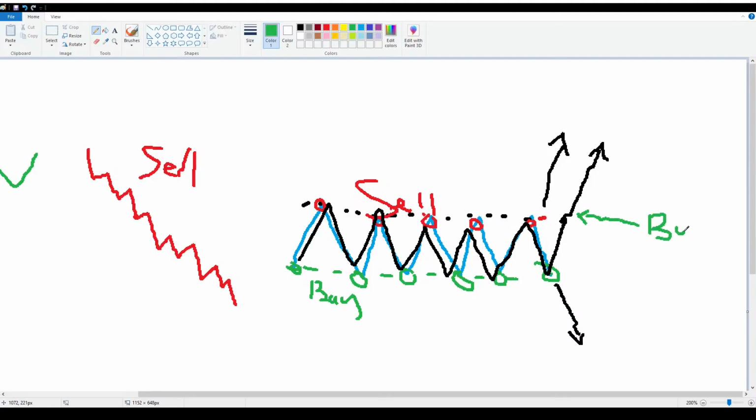You buy when there's a breakout at the top of the range, and then you sell when there's a breakout at the bottom of the range. So if the price breaks out at the bottom of the range, that's where you'd be looking to sell. Right, so those are some of the basic principles of how the market moves.